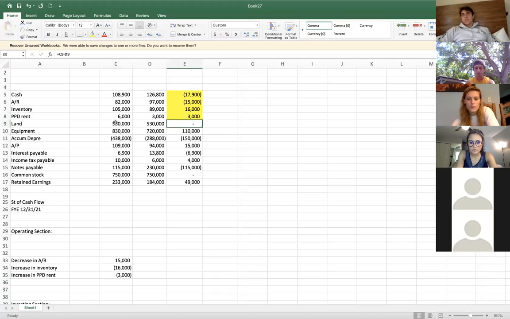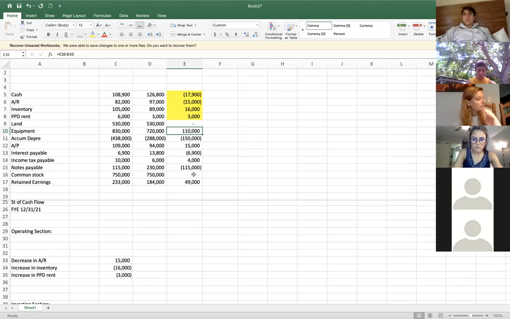Land didn't change, 530 to 530. If it had, what section would it go in? Investing, good. Now equipment, what did equipment do? Equipment increased. Now look at the additional information on page 580 in your textbook. Do you see the additional information that the company purchased 110 in equipment?